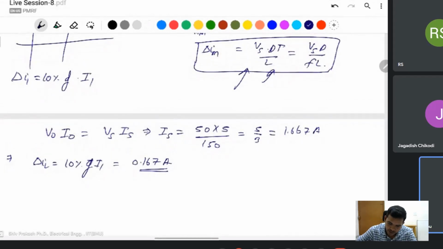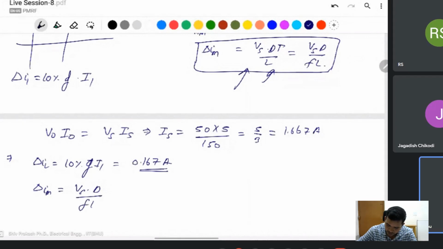The ripple is delta maximum to minimum, delta IM, equals Vs into D divided by FL.